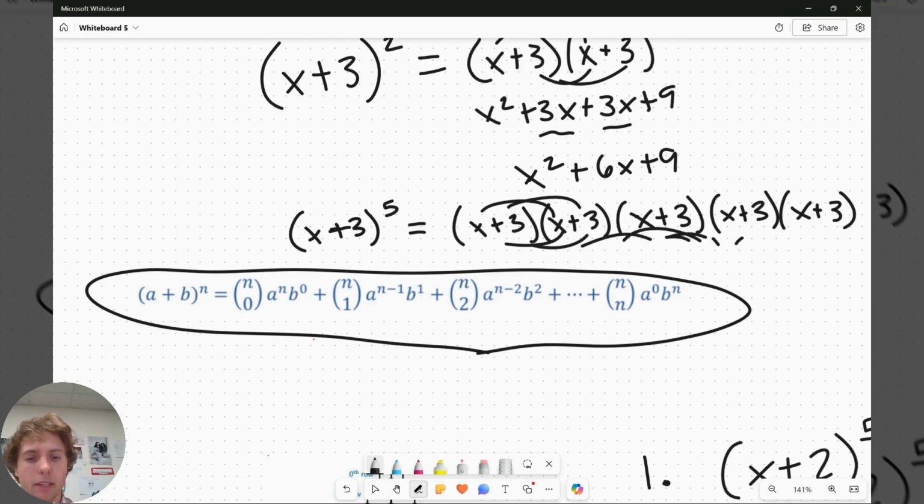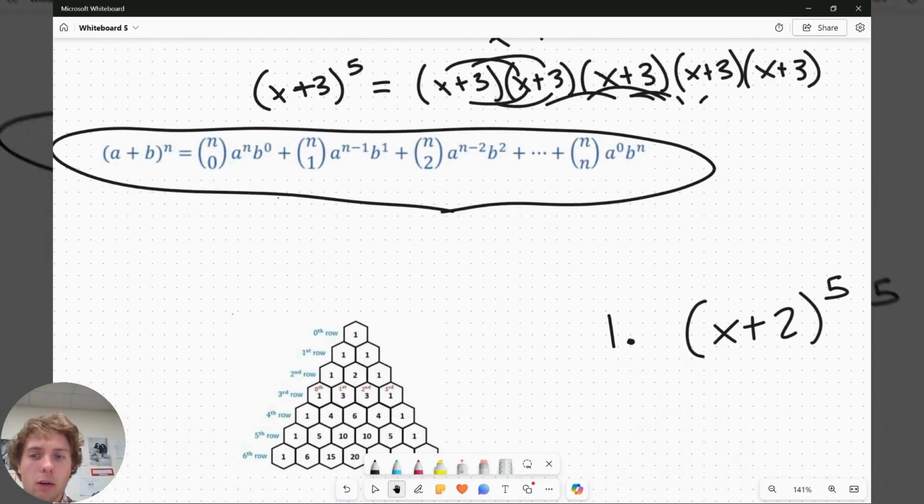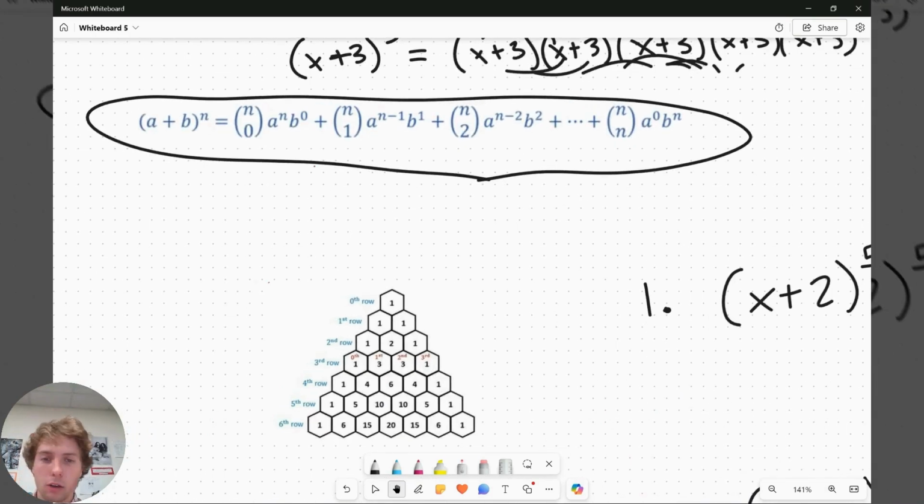Okay, I don't want to talk about this too much. I'd rather have us process it in an example. In order to use the binomial theorem, we are going to use Pascal's triangle. Pascal's triangle helps us figure out the coefficients of each term.